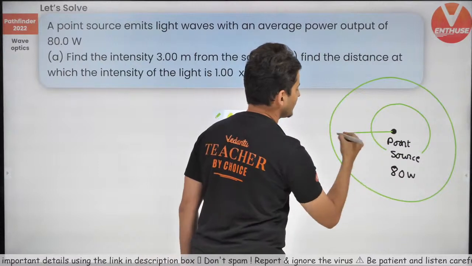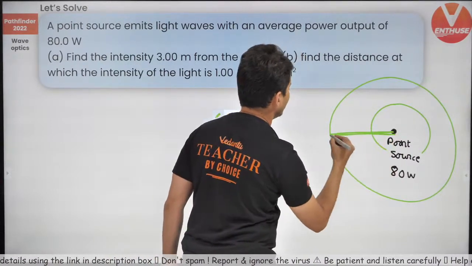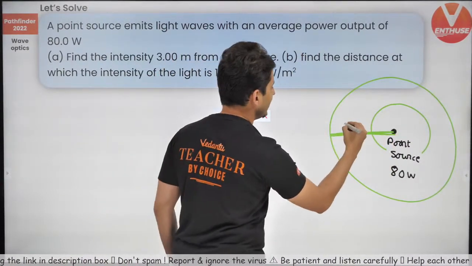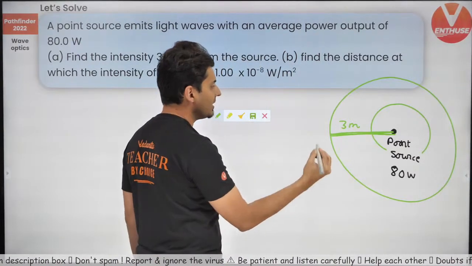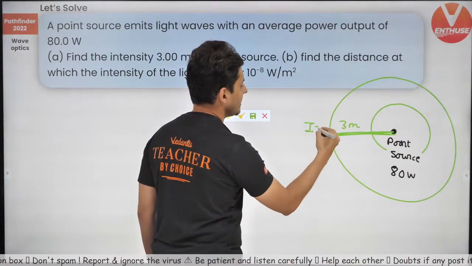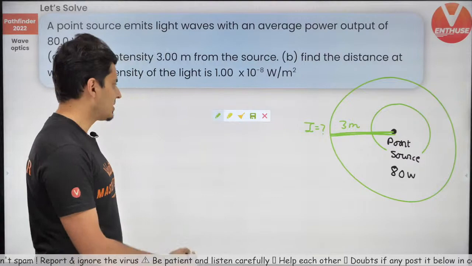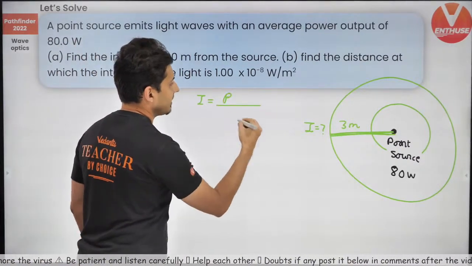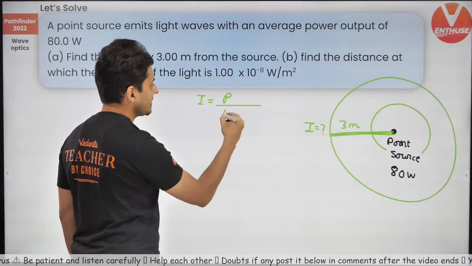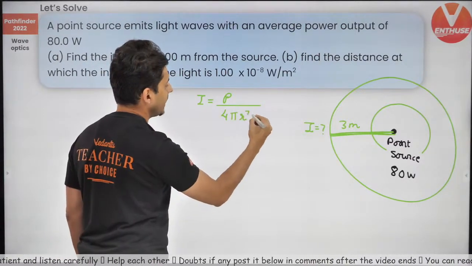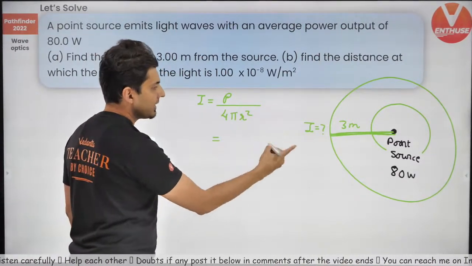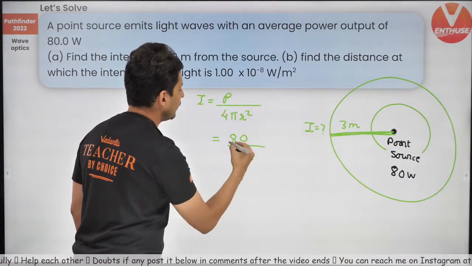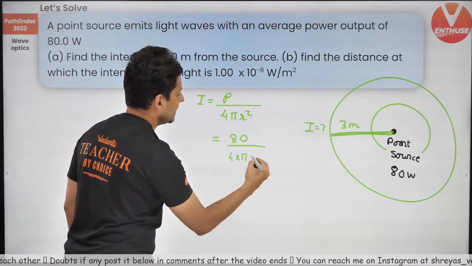And the first question is, at a distance of 3 meters, what is the intensity of light? Use your straightforward formulas, you will get the answer. The intensity is power divided by the surface area, which is 4 pi r square. So power is nothing but 80, 4 into pi into r.